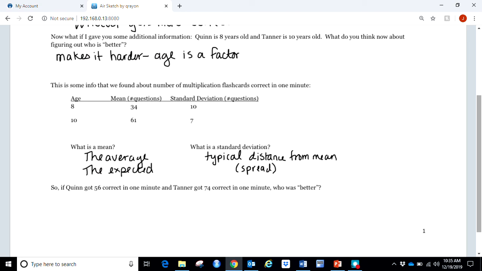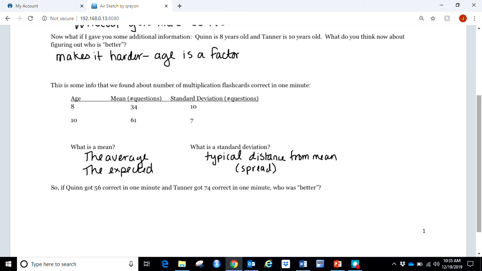So, with the average being 34 questions for the 8-year-olds, a standard deviation of 10 would mean that the typical student would score between about 24 questions, which is 10 below the mean, to 44 questions, which is 10 above the mean. So it gives me this range instead of just a number for the mean for an individual student.